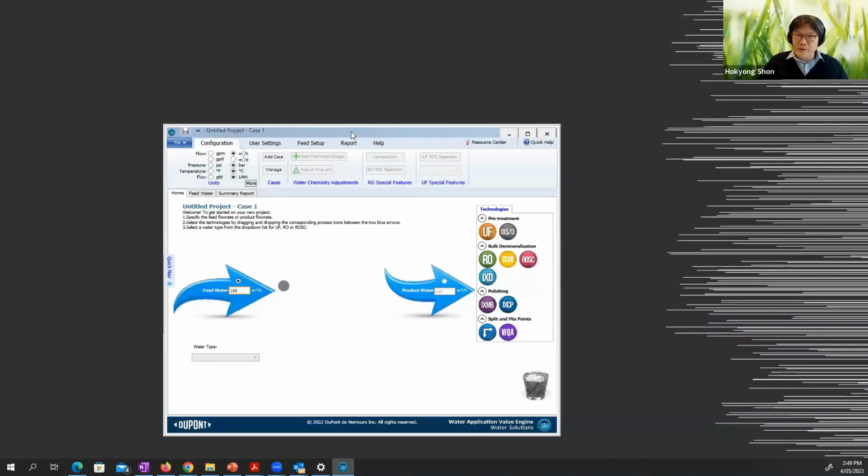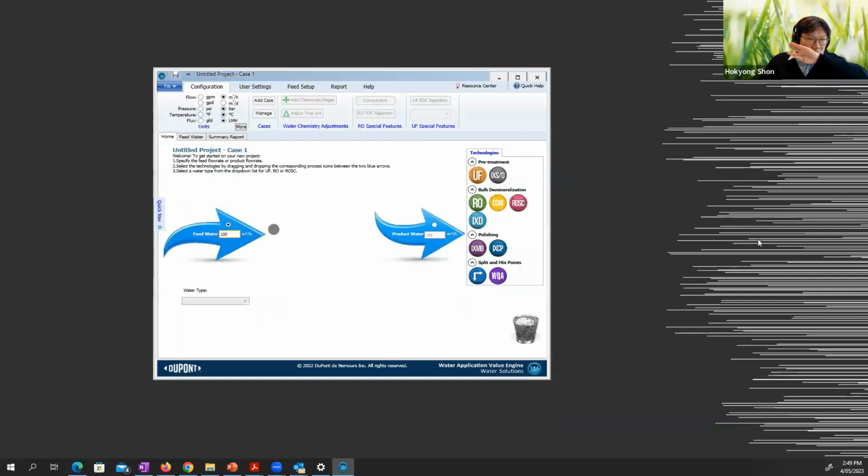If you turn on your software, this is the WAVE software, right? So let's make it very simple. Okay, I want to do seawater. Where is seawater? Yeah, water type, and I want to design RO.